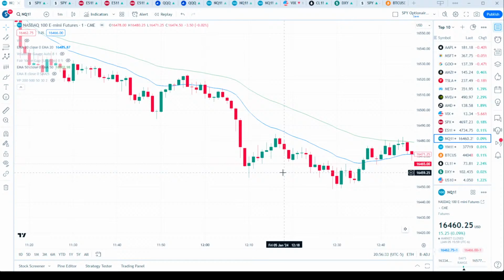But in general, and you can even see it right here, when you see the VIX down 5.66%, and SPY closes up 0.11%, NQ closes up 0.09%, and the Dow 0.01%, that doesn't really make sense. When you're seeing a massive drop on the VIX, you should see a solid move up on the markets.